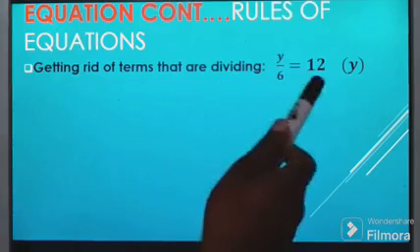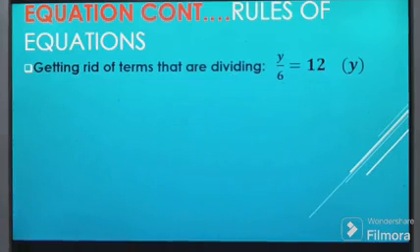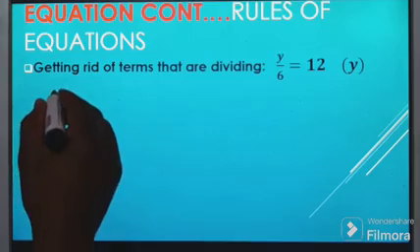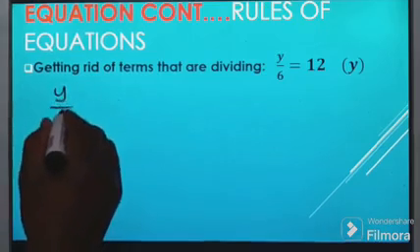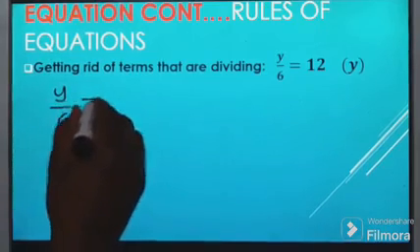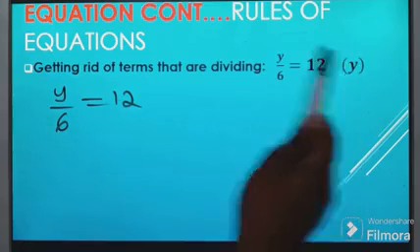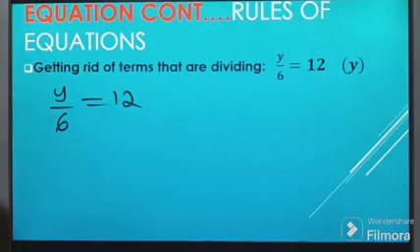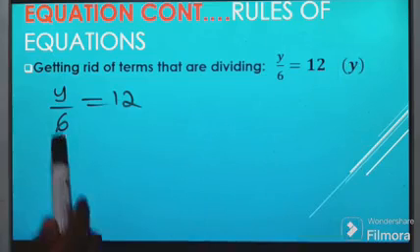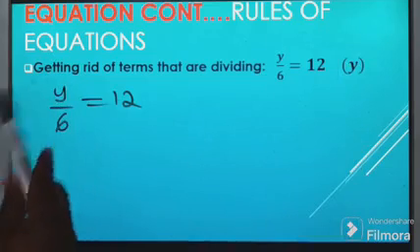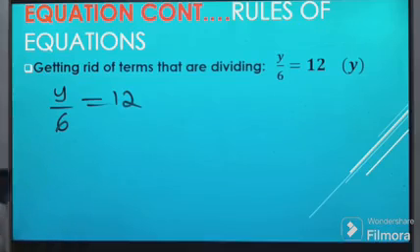So here we have got another equation, which shows that y divided by 6 is equal to 12. Still, let's make our y the subject. Now the question is, we know what we want to be the subject.